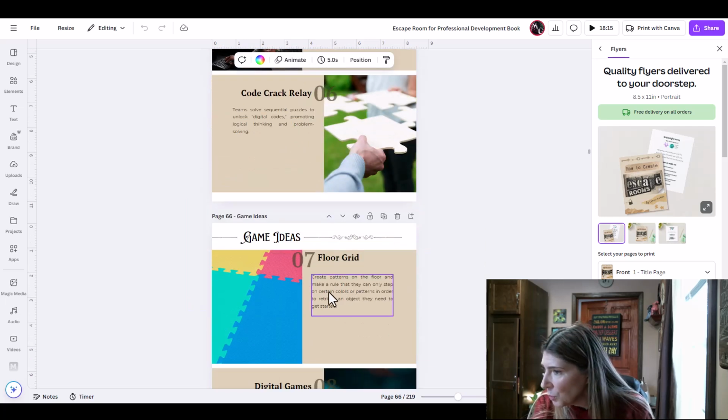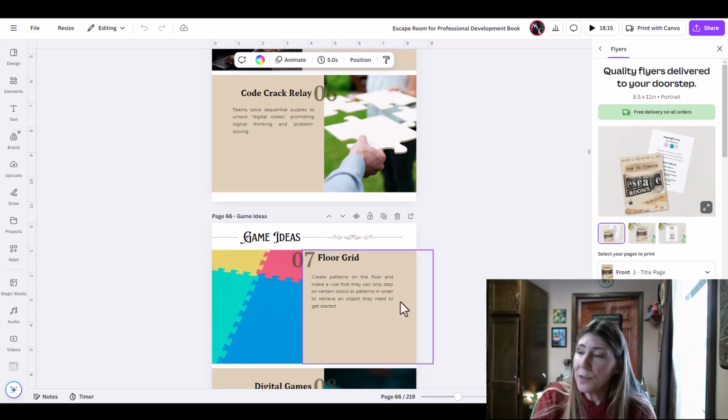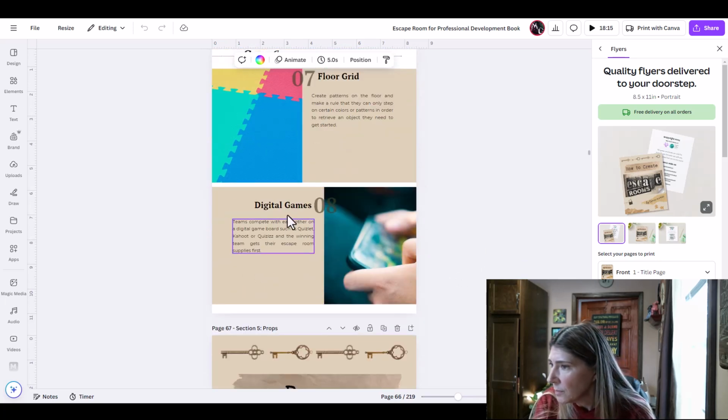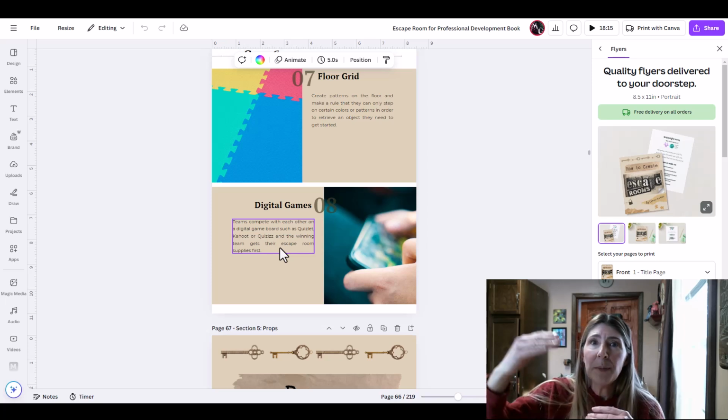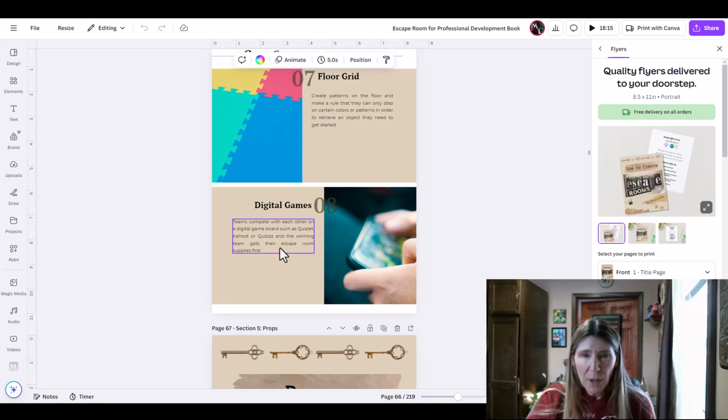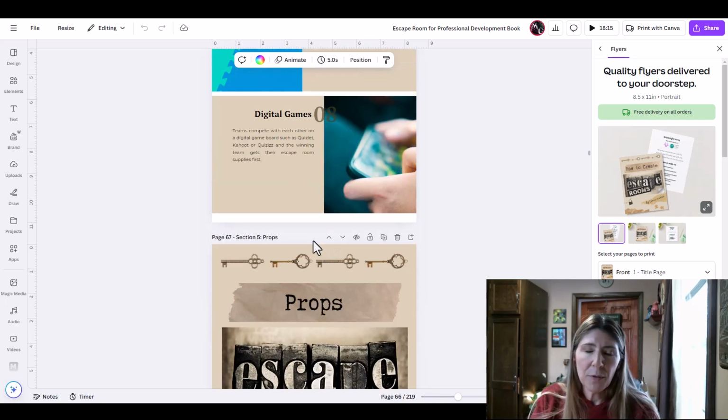They've got to create patterns on the floor or follow patterns that are on the floor, or some kind of digital game like Kahoot or quizzes. And then, you know, the teams compete first, second, third, fourth place. And so the first place team gets their supplies first so that they get like a 20-second head start. That's a really fun way to start a game.